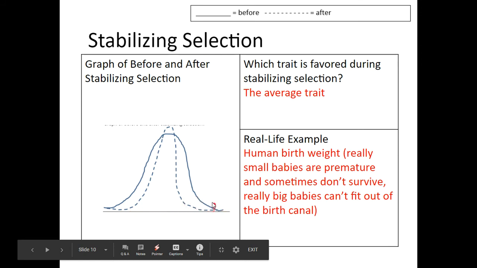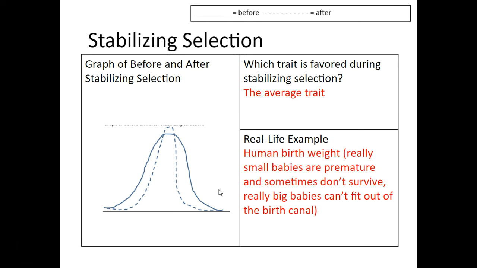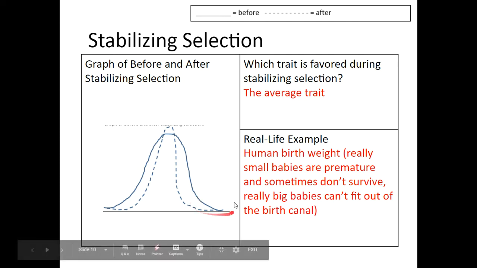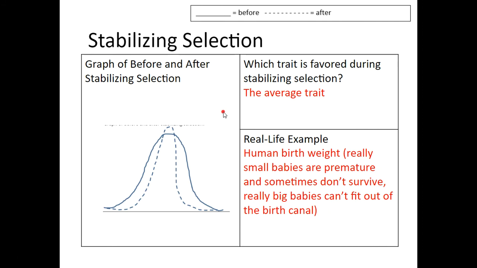If the baby is too big, it might not fit out of the birth canal, or again, that could point to some type of disorder that the baby is born with because it has a high or a low birth weight. So we aim for an average birth weight for stabilizing selection.